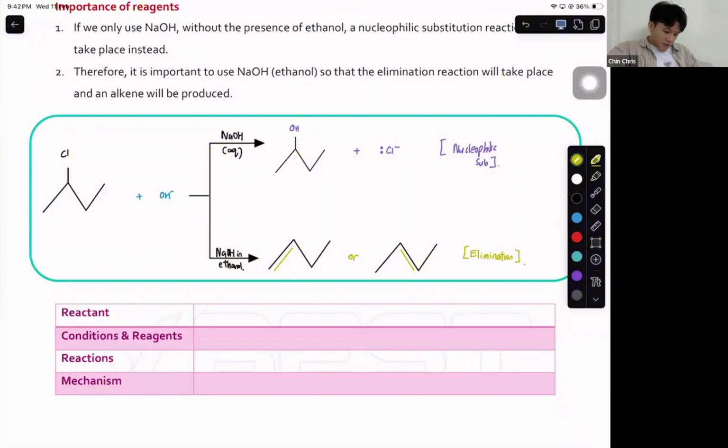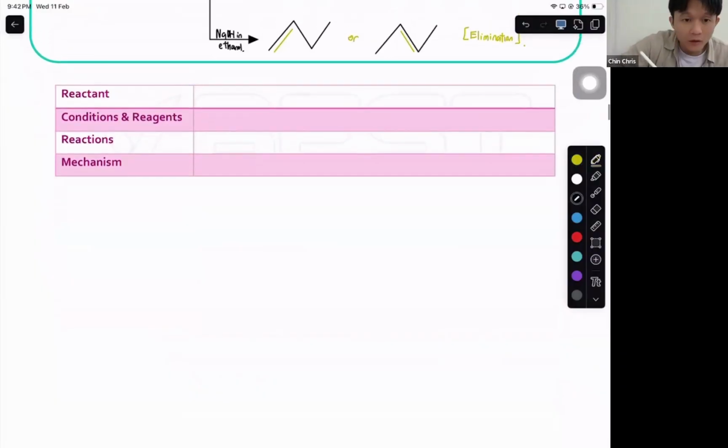Okay, guys, let's go. Reactant-wise, we can have a halogenoalkane. Condition and reagent: if I have NaOH aqueous, I will get an alcohol.